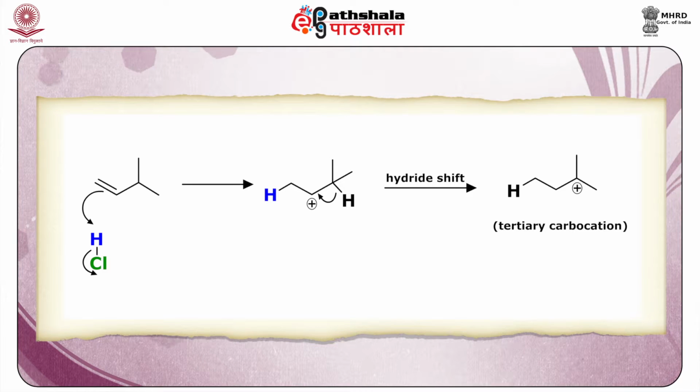Initially the secondary carbocation is formed, and as this hydride gets shifted, there will be formation of the more stable tertiary carbocation, which will then be attacked by Cl minus to give the major addition product.